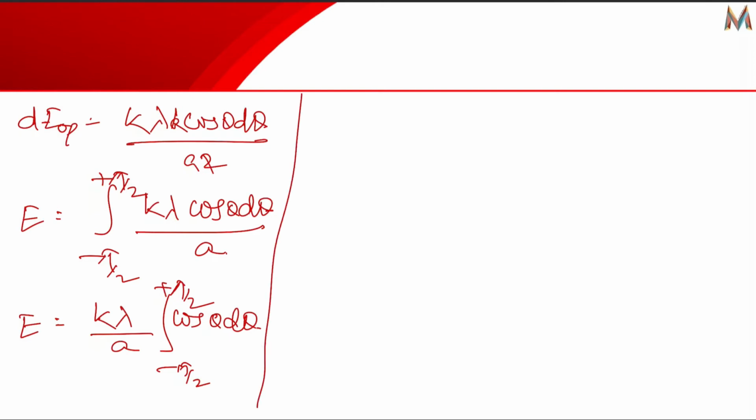So this E will be equal to the net E at point O, due to this semicircular uniformly charged part. It will be K lambda by A, and the integration becomes sin theta, with the limit minus pi by 2 to plus pi by 2.